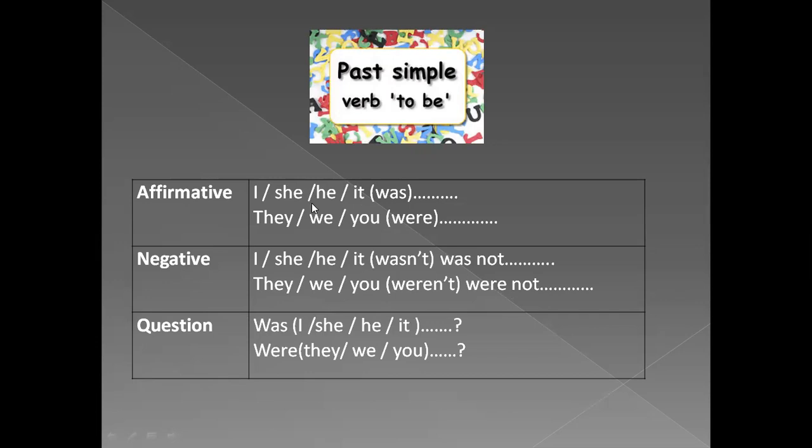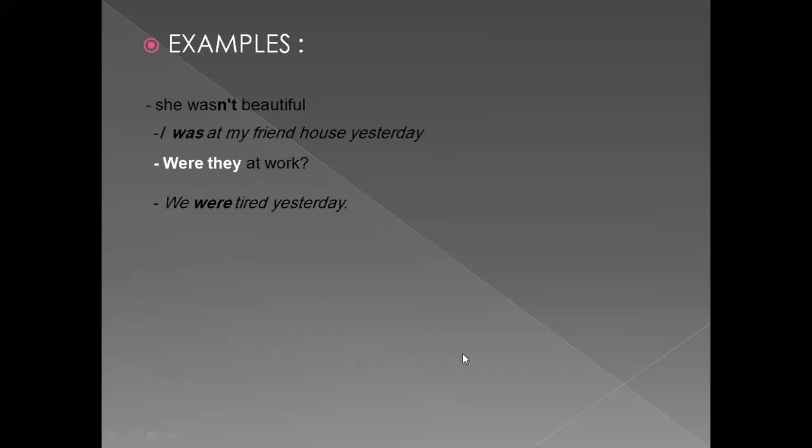In any English sentence, we usually start with the subject, then the verb. But in the question, we should switch between the subject and the verb. So the verb becomes first, and the second becomes the subject. So when I want to ask about a singular subject, we should use was. And when I want to ask about a plural subject, I use were.